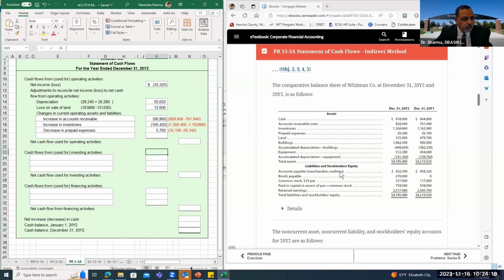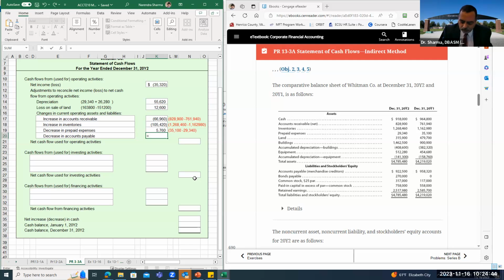There is only one. It has increased or decreased, as you can see. It has decreased from 958,320 to 922,500. So let me take that decrease in accounts payable. And since I want to have a minus figure, I'm going to start with the lower figure.